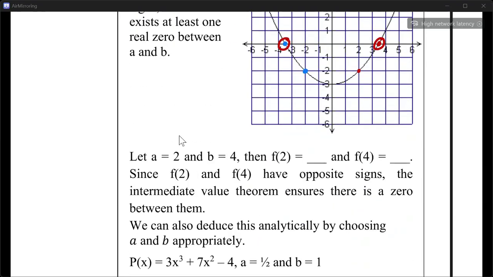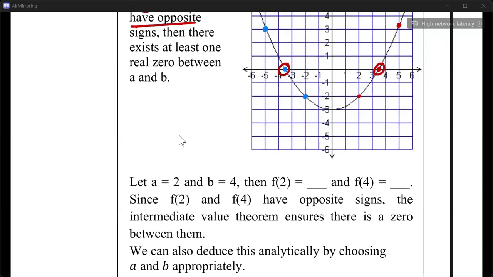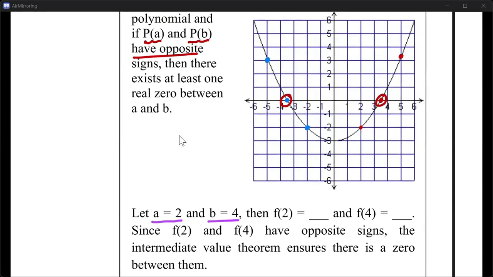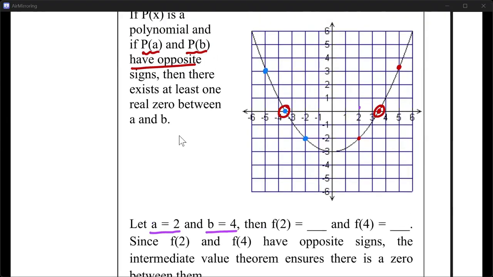Let us look at a concrete example with this graph. At a equals 2 and b equals 4, what are the values? F of 2 is here and the point is down here. So at 2, the value of the polynomial is minus 2, right? And at 4, the value of the polynomial is 1.